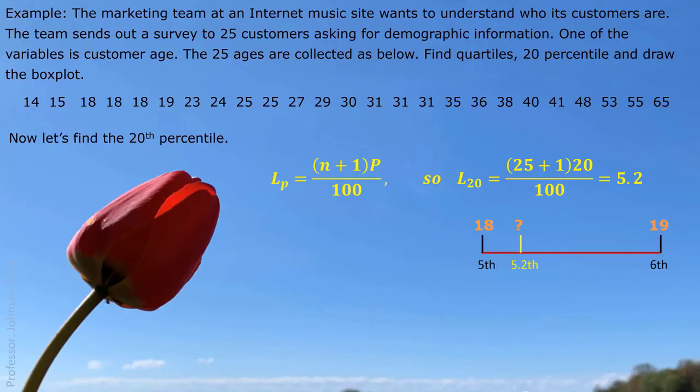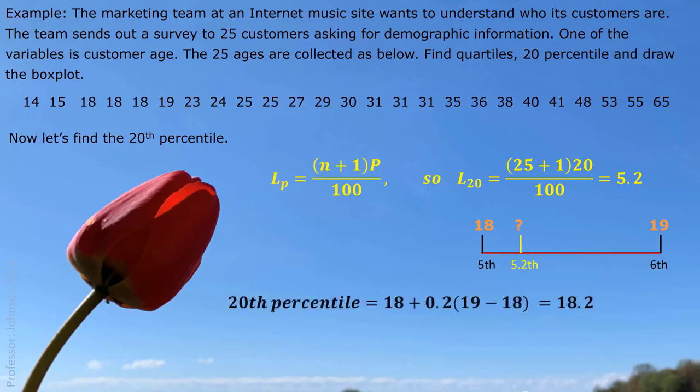That means it is between the 5th position and the 6th position. From the original data, we can see 18 sits on the 5th position, 19 sits on the 6th position. And we are looking for the value that sits on the 5.2 position.